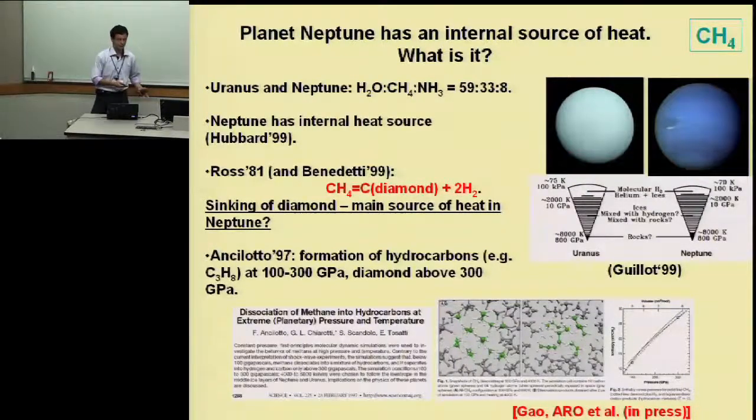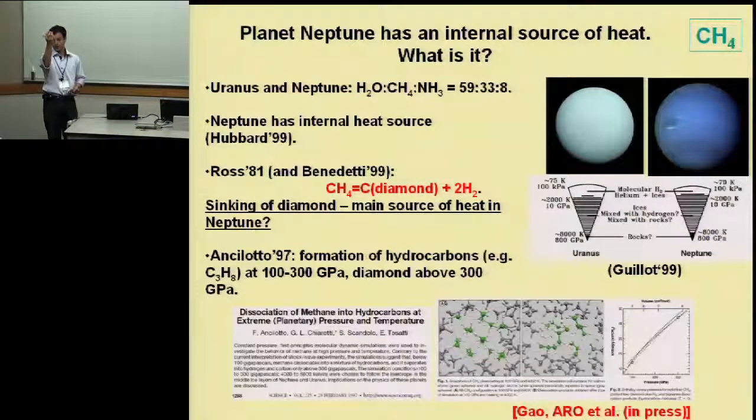There are no radioactive elements there, no uranium, no thorium. It's just a mixture of lousy molecules, water, methane, and ammonia. Nothing radioactive here whatsoever. Well, the only hypothesis that people have come up with was the breakdown of methane into diamond and hydrogen.